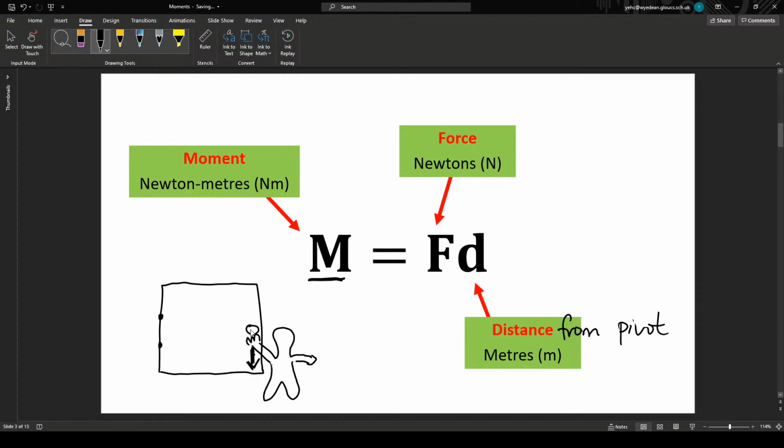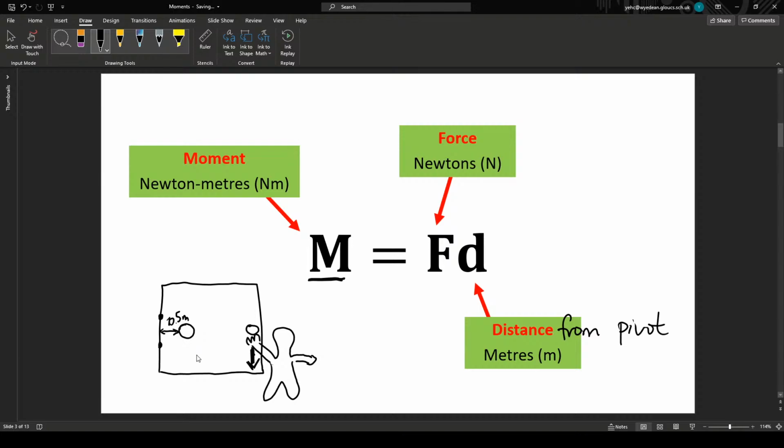If this door handle was super close, like by here instead, the distance from the pivot would be super short. Let's say that's only 0.5 meters or something like that. Your turning effect on this door would not be big at all.